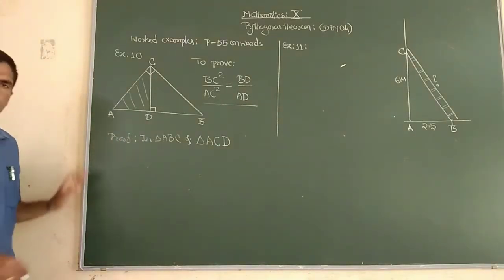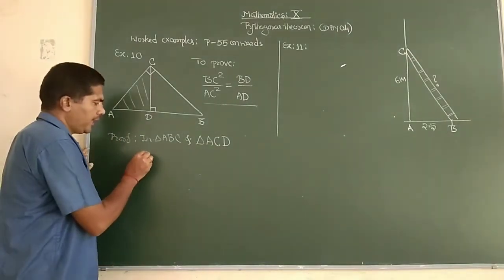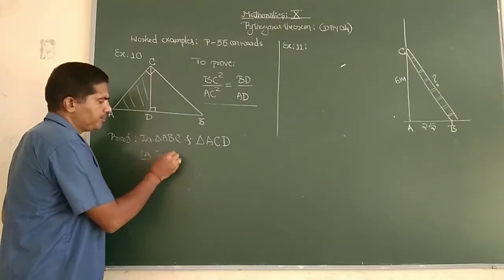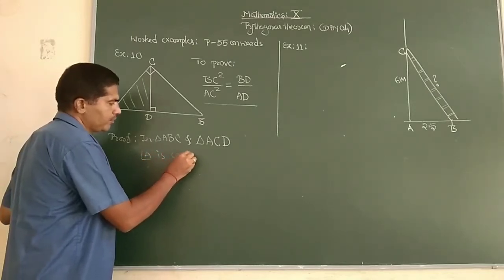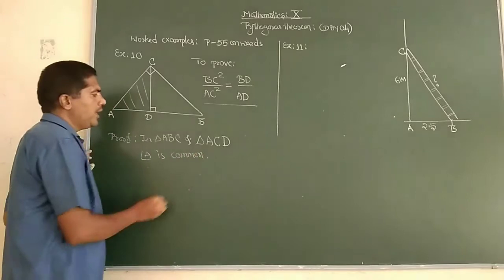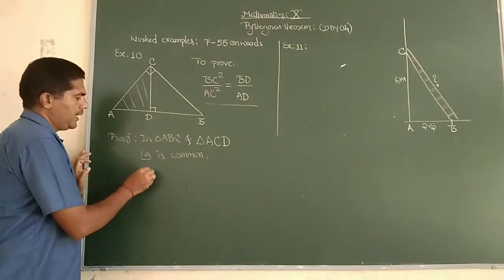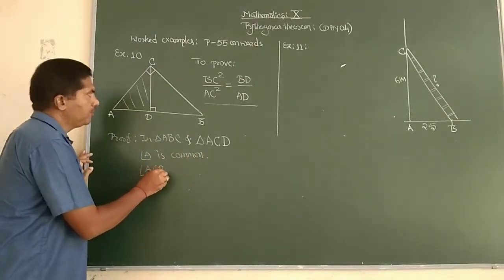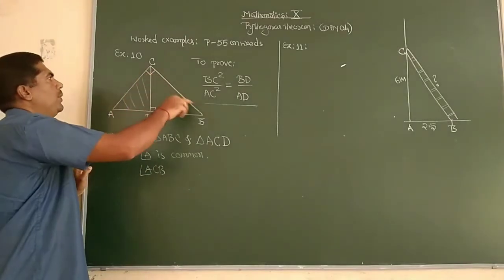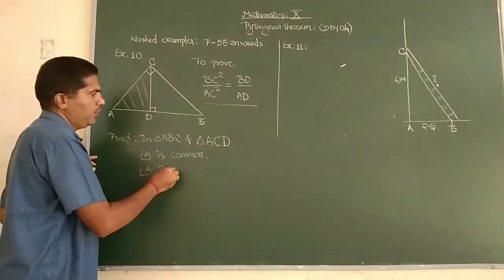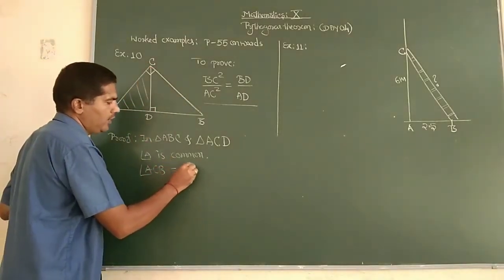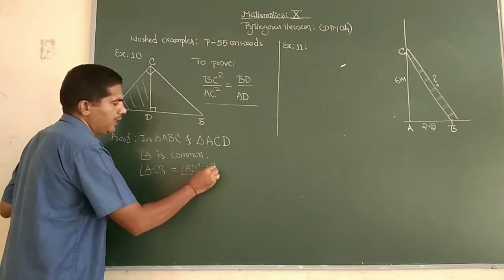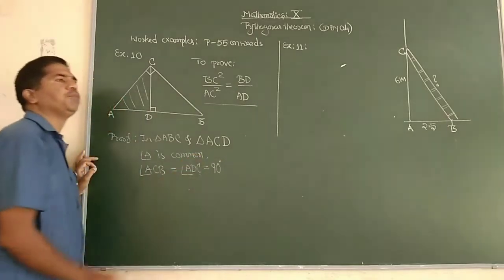You know how to prove. How to prove? Angle A is common. What else? Two right angles are known. Angle ACB equal to angle ADC equal to 90 degree. This is given to you.